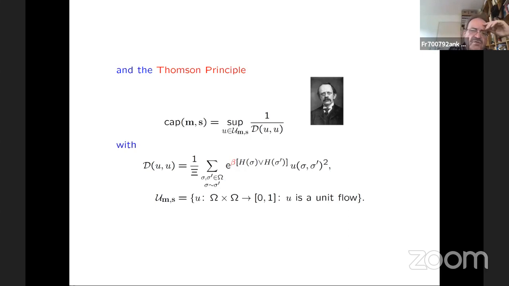And so those are the tools, again, that are crucial for getting your hands on the problem, and again here also for Glauber dynamics on random graphs. This continues to be the key tools with which you're going to play.